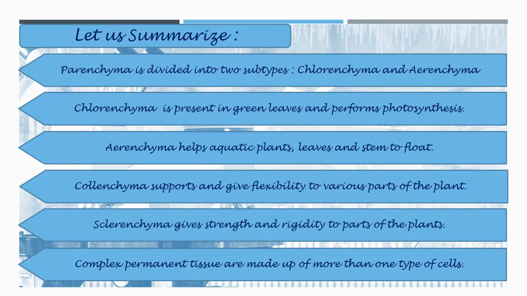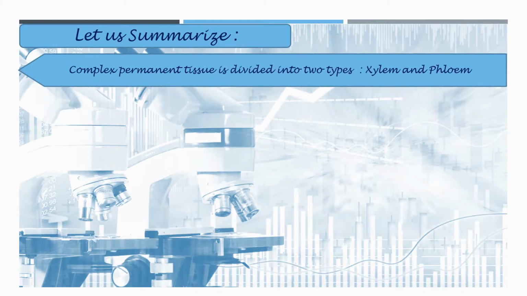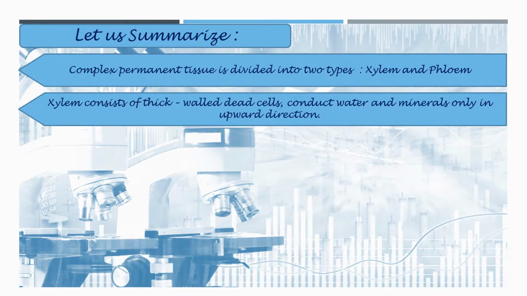Then complex permanent tissues are made up of more than one type of cells. Complex permanent tissue is divided into two types, that is xylem and phloem. Xylem consists of thick-walled dead cells and it conducts water and minerals only in upward direction.